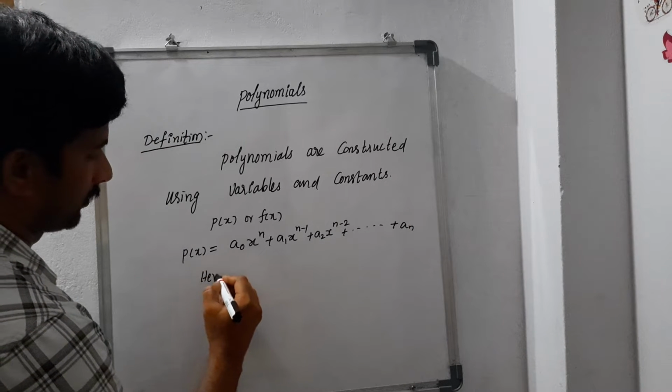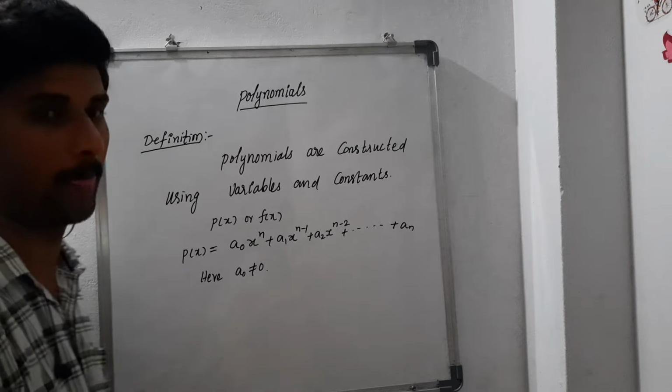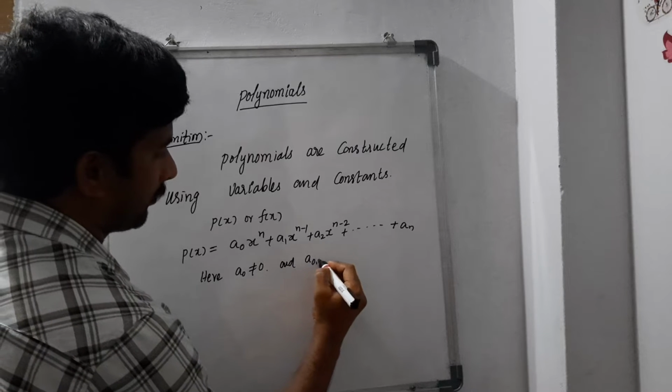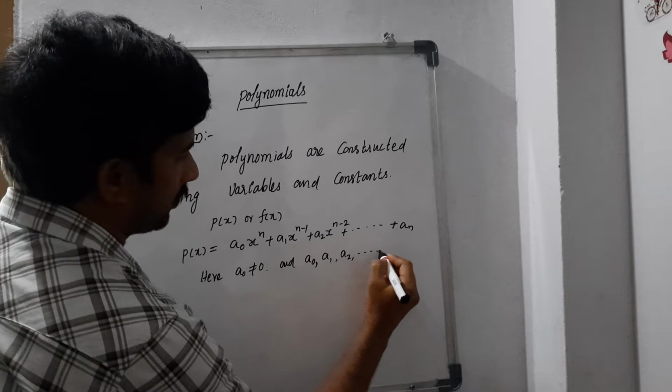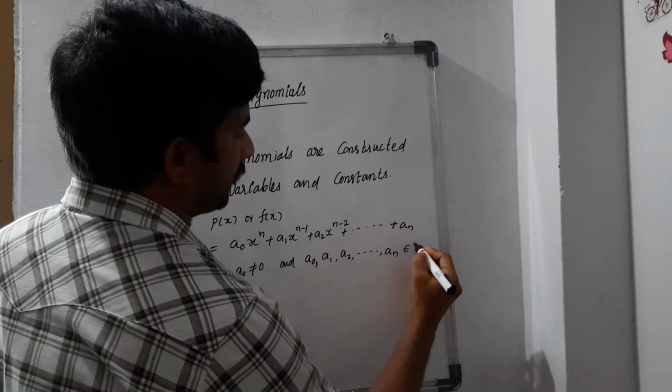Here a naught is not equal to 0, and a naught, a1, a2 and so on, an are real coefficients.